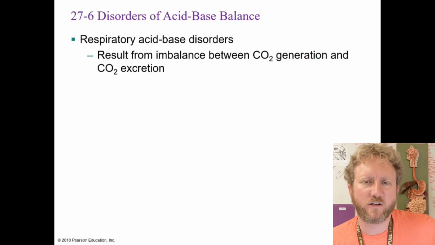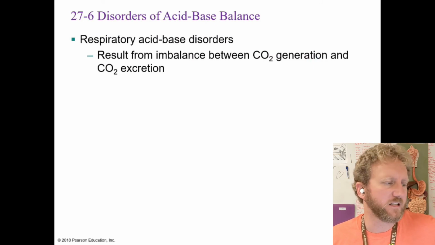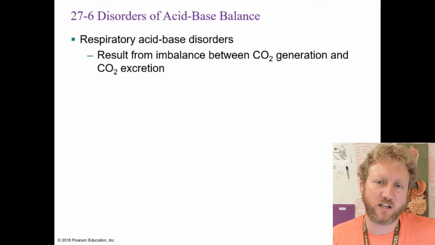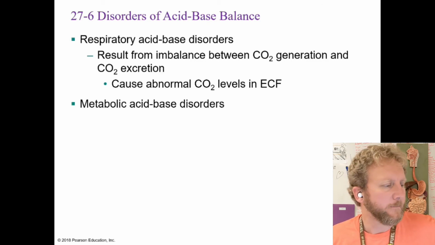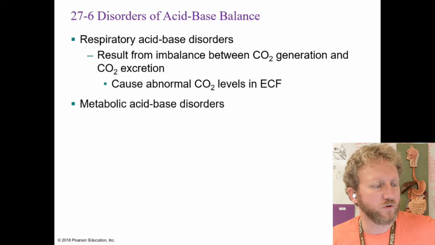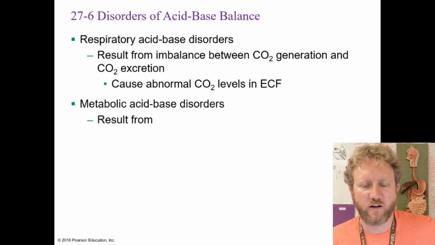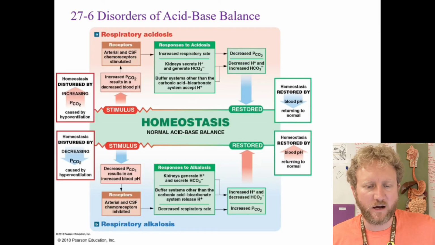Respiratory acid-base disorders result from imbalances between CO2 generation and CO2 excretion, which causes abnormal CO2 levels in the ECF. Metabolic acid-base disorders result from overgeneration of metabolic or fixed acids in the body.